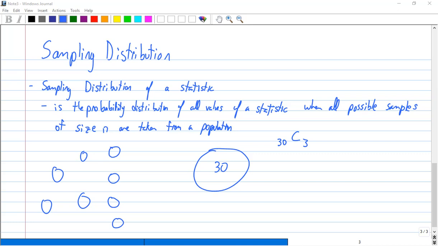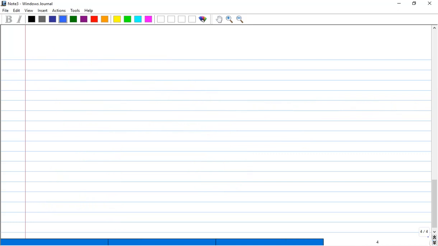All right, a point estimator. A point estimator is a single value estimate calculated from the sample data.